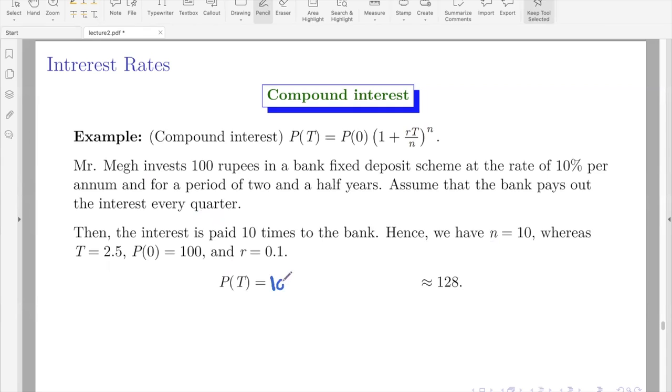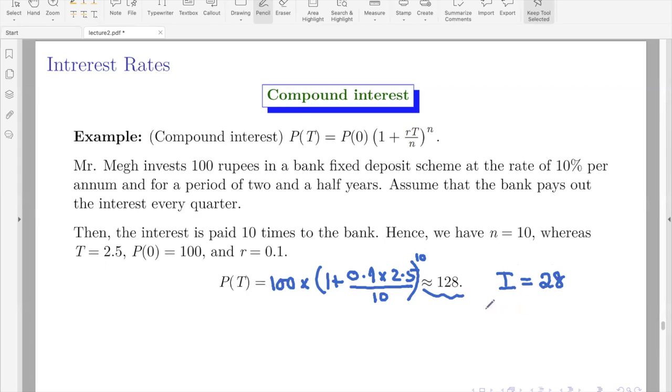We get 100, that is P0, into 1 plus 0.1, that is R, into 2.5, that is capital T, divided by 10, that is N, to the power of 10. And that is approximately equal to 128. Therefore, the net interest obtained on compound interest basis is 28.